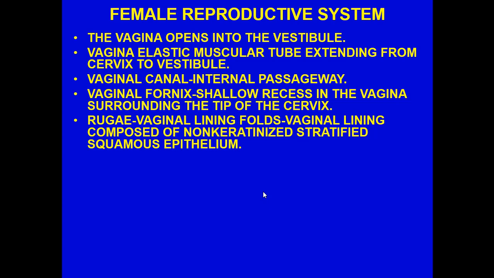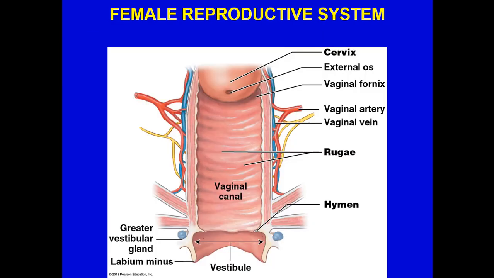These vaginal linings are composed of non-keratinized, stratified, squamous epithelium. Okay, and you can see all of this right here. And partly this is non-keratinized to handle, and it's stratified also, to handle the rigors of sexual intercourse, but at the same time to allow for flexibility of both the muscular and the tubular structure.